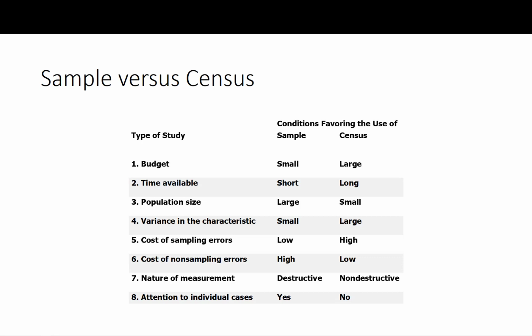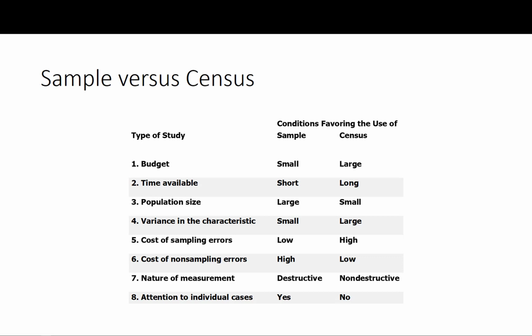The nature of the measurement, destructive versus non-destructive. By destructive, what we mean is that by measuring the population, essentially we are destroying what it is that we are measuring. For example, if you ask someone their opinion, you are automatically making the topic on which you are asking them about more salient to the respondent, meaning that going back and asking them the same question again means that because the opinion has become more salient, that opinion becomes biased because of that salience.